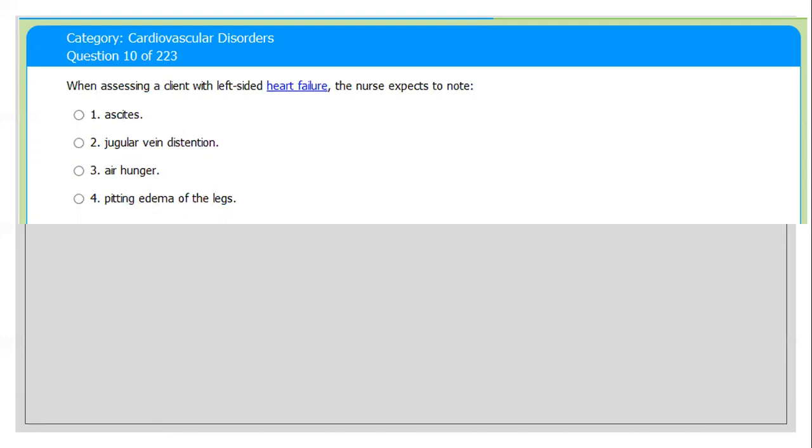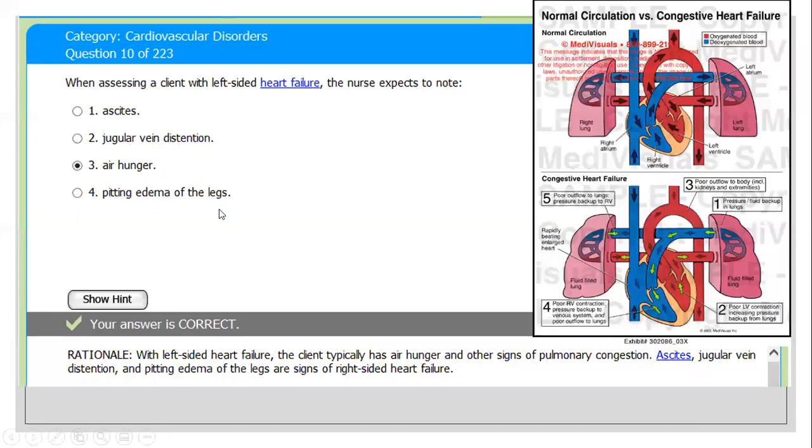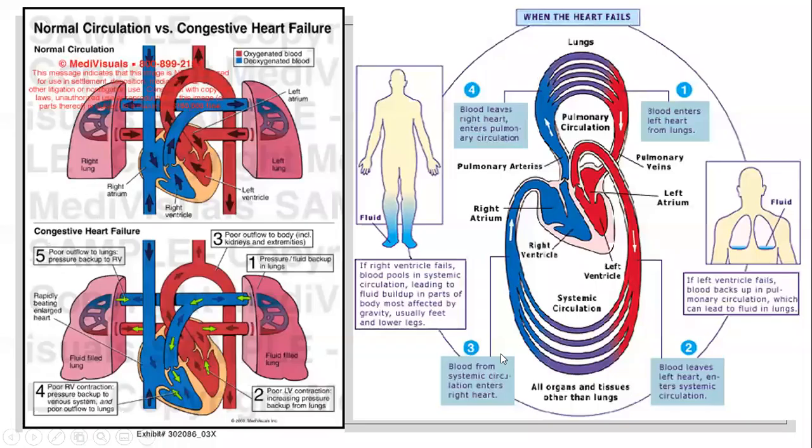But right side involves the liver. So the correct answer is air hunger. The rationale says with left side heart failure, the client typically has air hunger and other symptoms of pulmonary congestion. Ascites, jugular vein distension, or pitting edema of the legs are signs of right side heart failure.